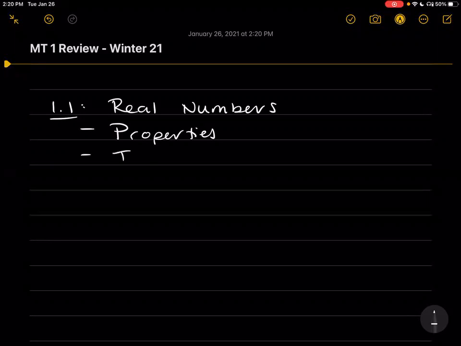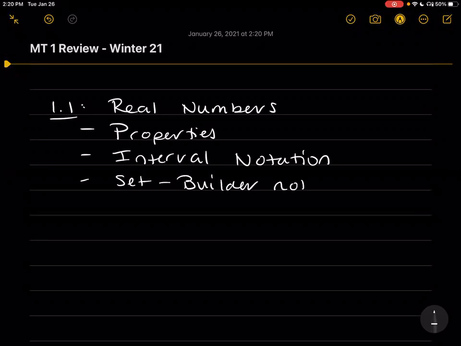We also talked about interval notation, and set builder notation. And we also talked about how to combine sets with union, intersection, taking away an element, etc.